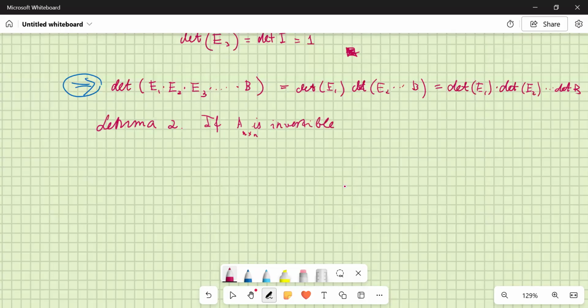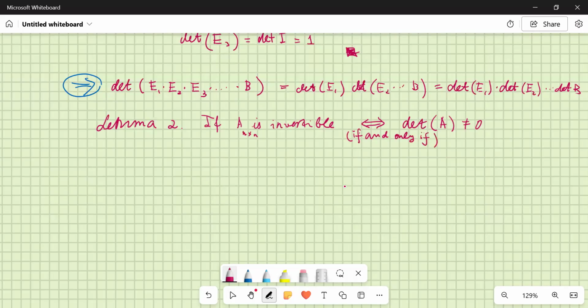Invertible means has inverse. Then, guys, we have two arrows, arrow to the right and arrow to the left. Determinant of that matrix is not equal to 0. What does it mean, guys? Well, we know that this sign, we can read as "if and only if."